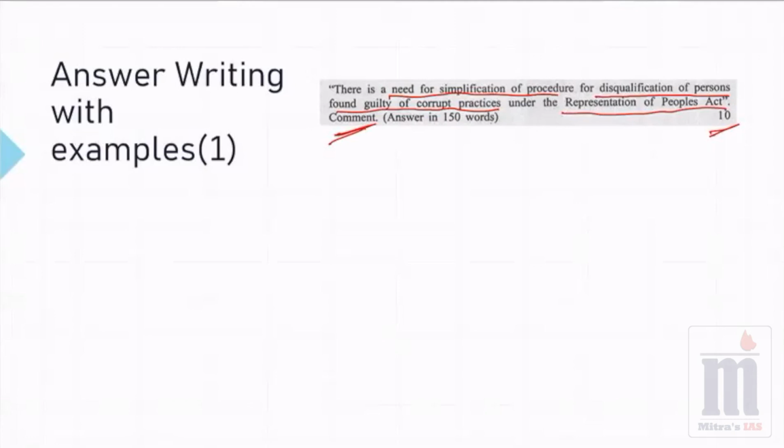So first I'll write this answer with some facts. First I'll start with the intro part, where I'll mention some sections, according to which sections of RPA talk about the corrupt practices.